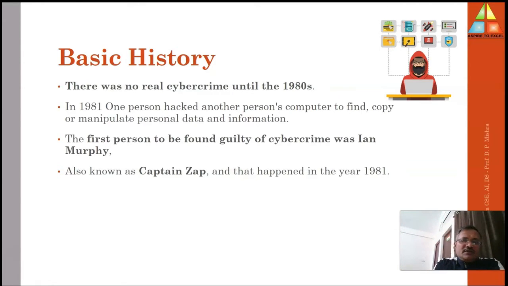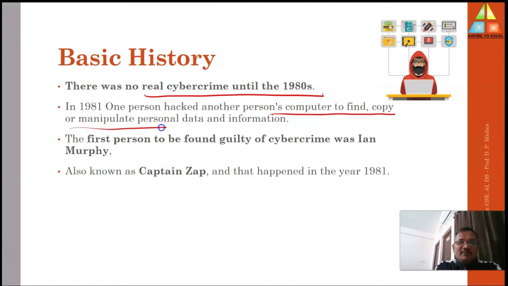There was no real cybercrime until the year 1980, and the reason behind this is there was no proper internet connectivity, or lack of what we may term network infrastructure. In 1981, one person hacked another person's computer to copy or to manipulate personal data and information.